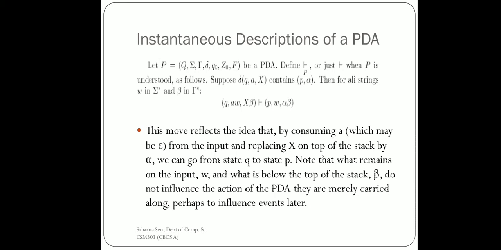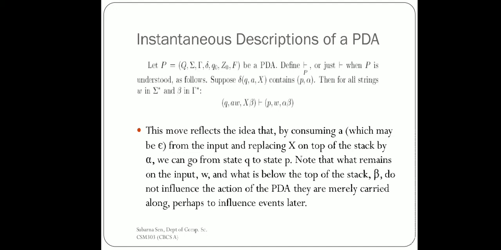Giving a turnstile symbol and writing a P below it is valid, and just writing the turnstile symbol is also valid. We will use only the turnstile symbol. Fine. This is understood as follows: suppose we have one transition delta(q, a, X), where q is the state, a is the input, and X is the stack content, and it transits to the new state, namely p, and changes the stack content to alpha.